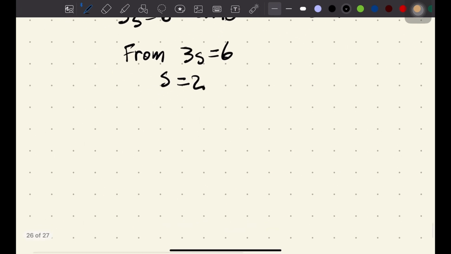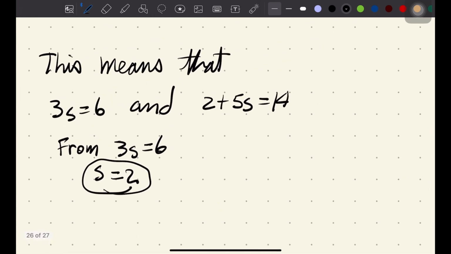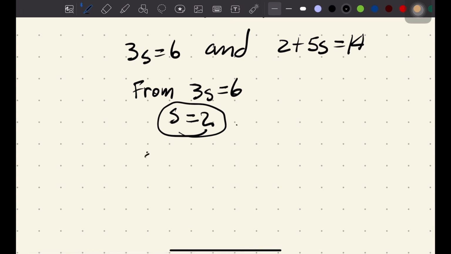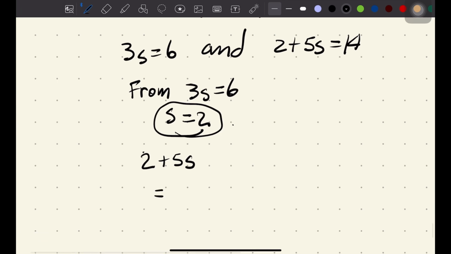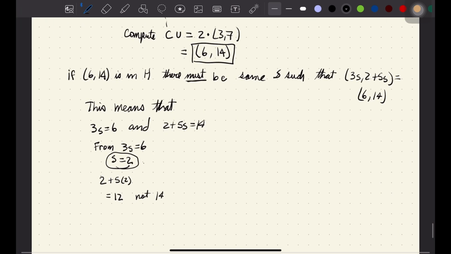And then we plug this into 2 + 5s, of course, and we get as an answer 12, which is not 14, as we originally discovered over here.